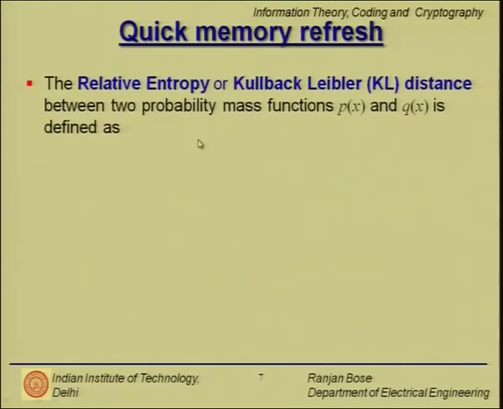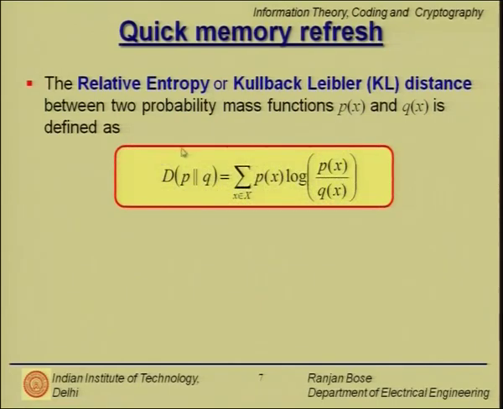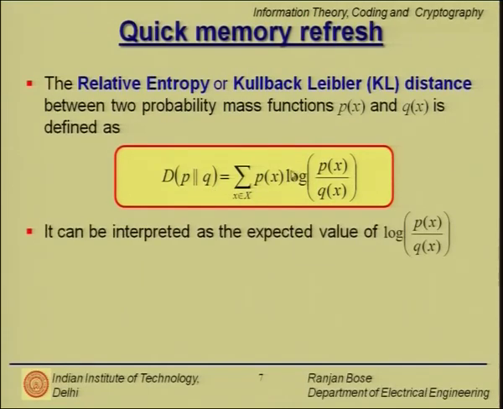After that, we asked ourselves a question: how do you say how similar two probability mass functions p(x) and q(x) are? We defined the relative entropy, also known as the Kullback-Leibler distance, D(p||q), as follows. It can be seen as simply the expected value of log of p(x) over q(x).